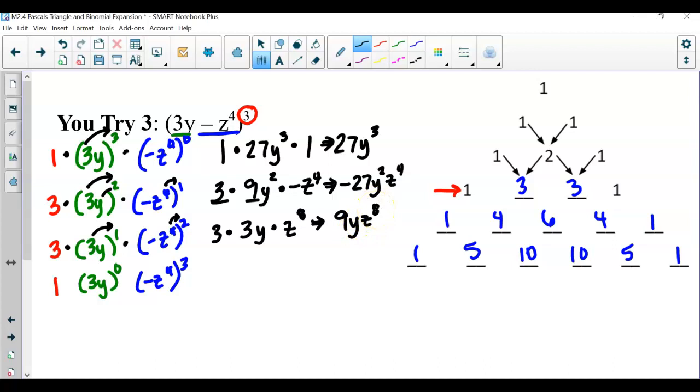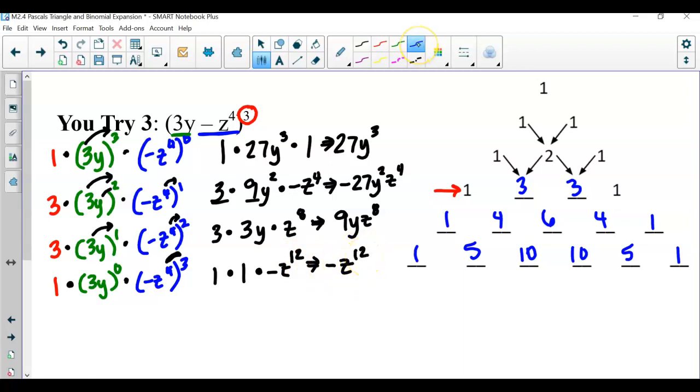Then our last row here, 1 times. So here, anything to the 0 power is 1. Notice how positive, negative, positive, so now we're back to a negative. Then power to a power, multiply. So that is z to the 12th, making our final answer negative z to the 12th.